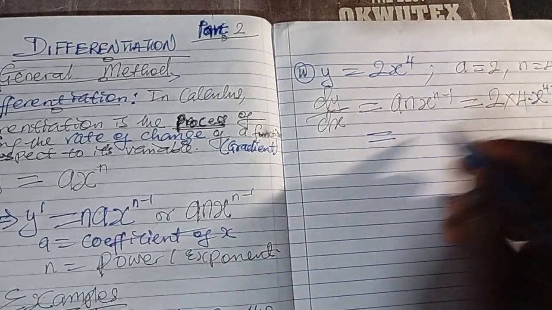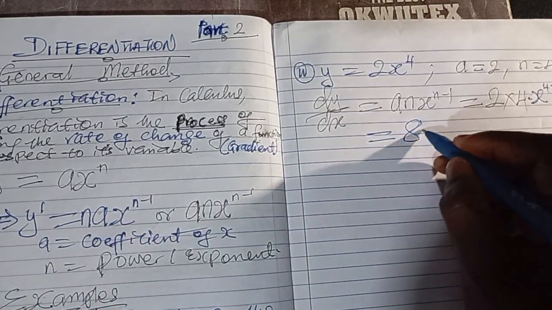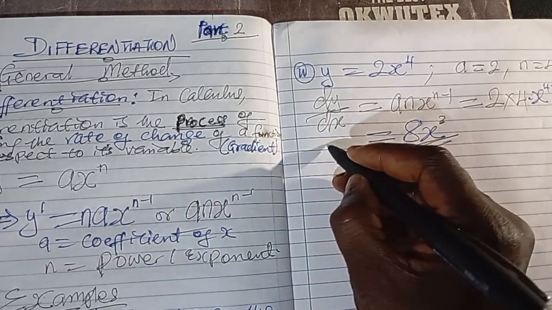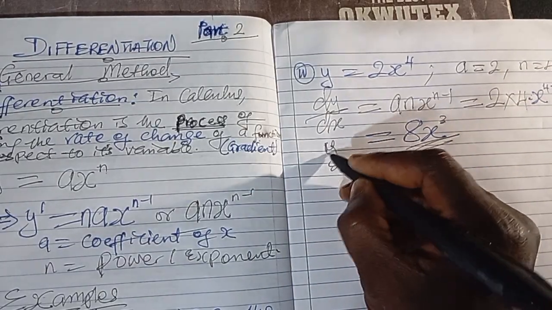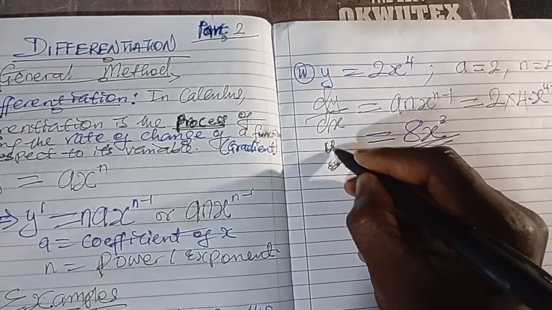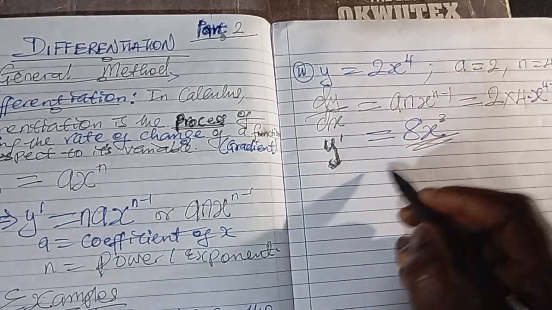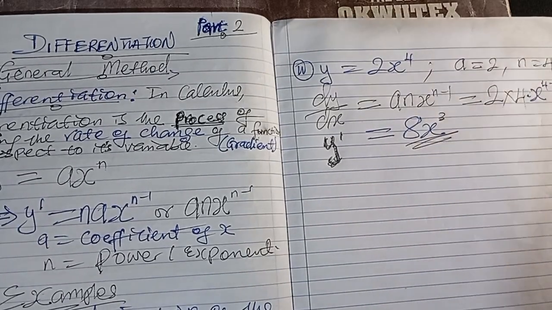So we have 2 times 4 is 8, x raised to power 4 minus 1 is 3. So you have y prime equals 8x raised to power 3.